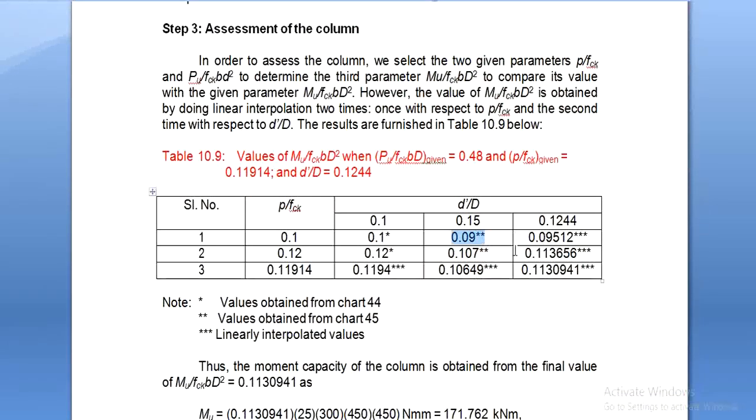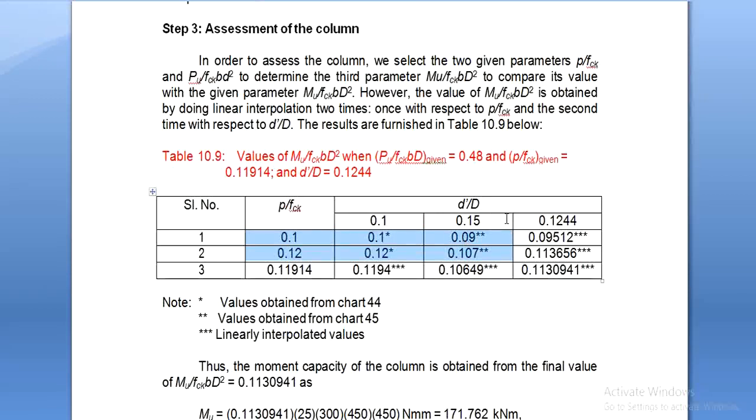So this is going to give us 0.09. In the same way, if I go to the next curve 0.12, I am going to come here, after that I am going to come down and reach till here. It is going to give us the value of 0.107. So these are the values which I have obtained.